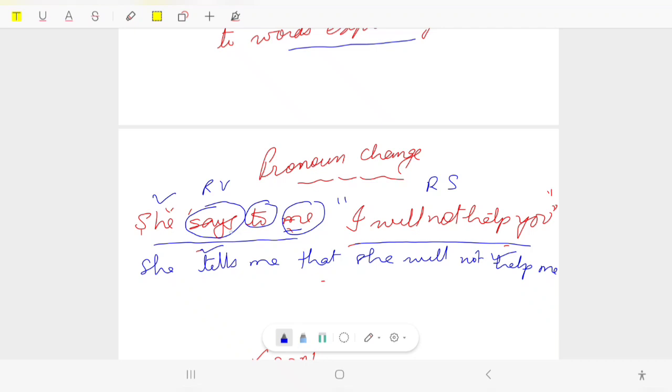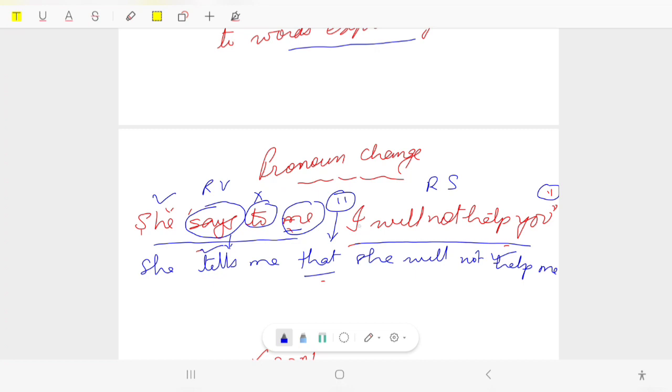I have changed "says" into "tells" and I have removed "to". I have removed the inverted commas and in their place I have inserted a connector, or conjunction, "that". This "I" has been changed.